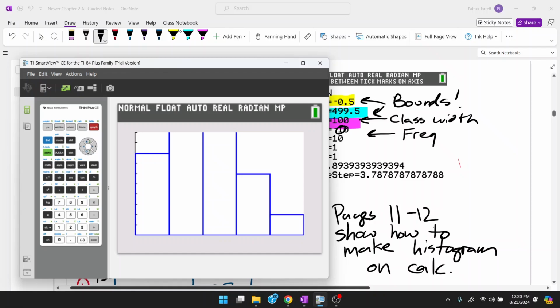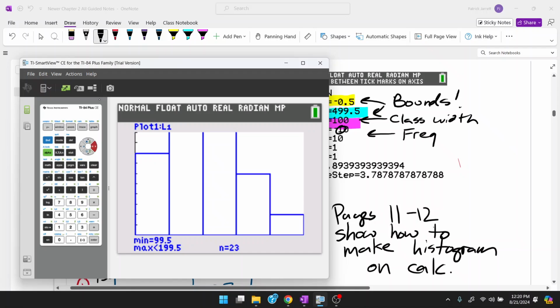Hit that trace button and look at N. What does that say? 8. There were 8 pieces of data that were in that group. Now, the next one, you can hit this one to scroll over, and how many were in that next one? 23. See, there's your frequencies that way.